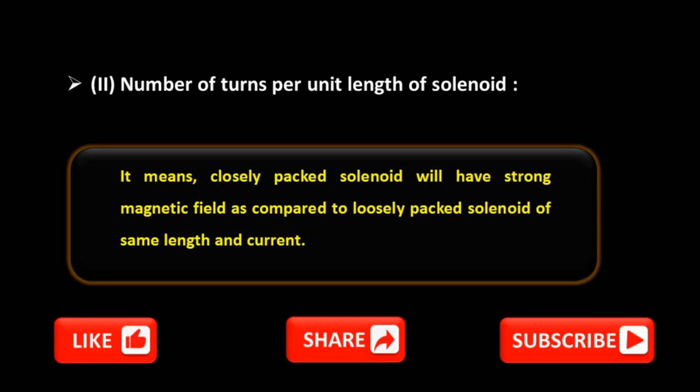Number of turns is very important, and if these turns are closely packed, then the magnetic field is very strong. If these turns are loosely packed, the magnetic field is weak. So the number of turns, closely or loosely packed, and the current passing through the solenoid affect the magnetic field produced by the solenoid. These are the two factors.